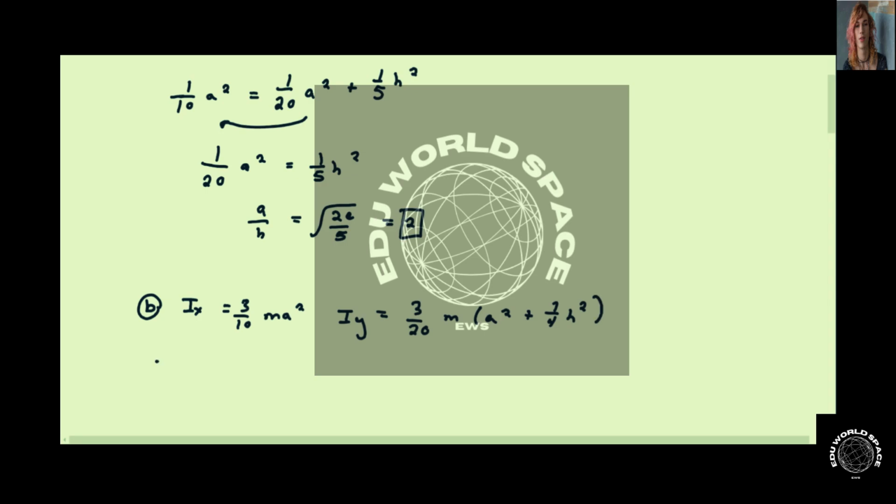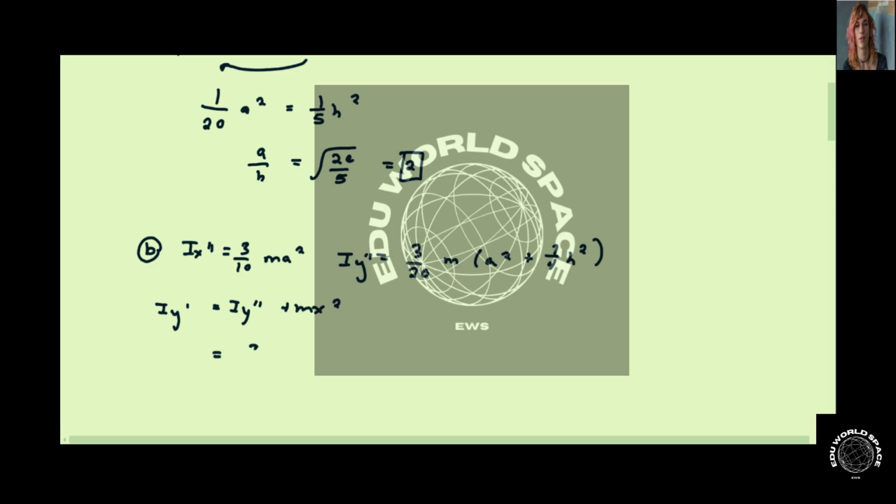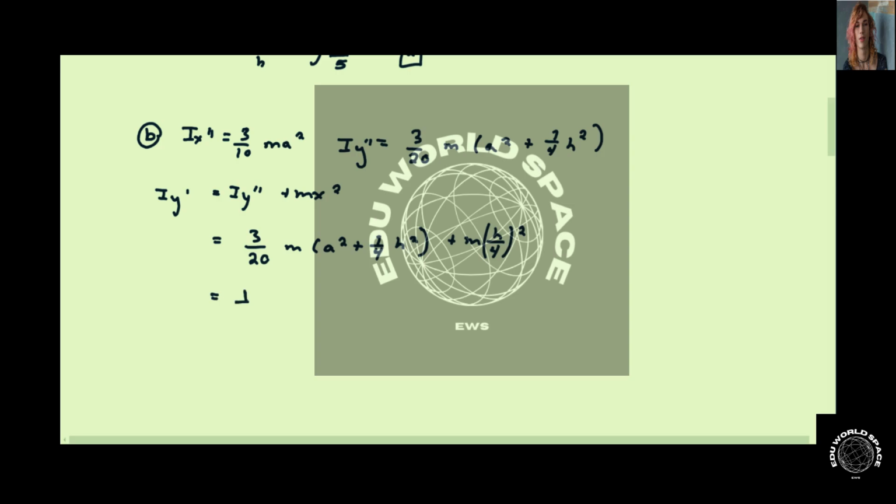And Iy equals Iy2 plus Mx2, so this equals 3/20 M (A squared plus 1/4 H squared) plus M H over 4 squared. And we get 1/20 M (3A squared plus 2H squared). And Ixy equals Iyz equals Izx equals 0.